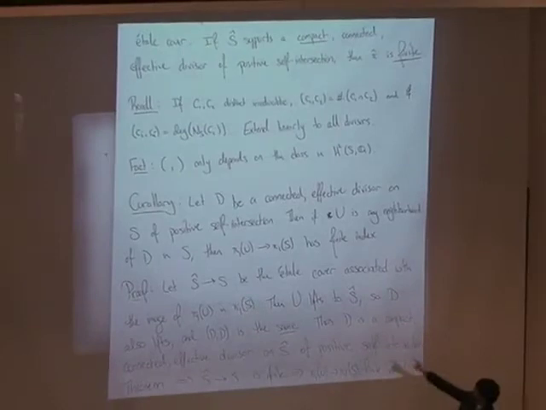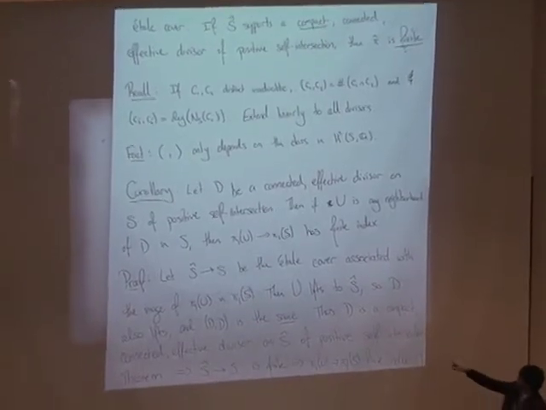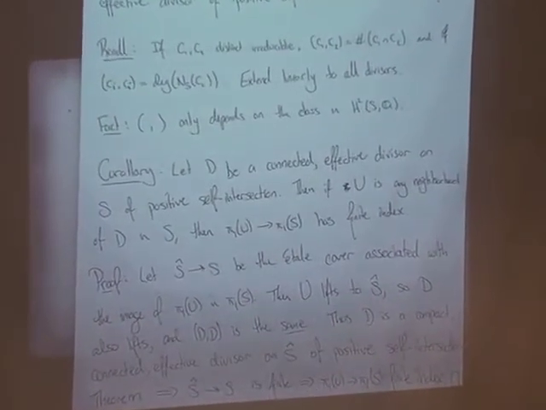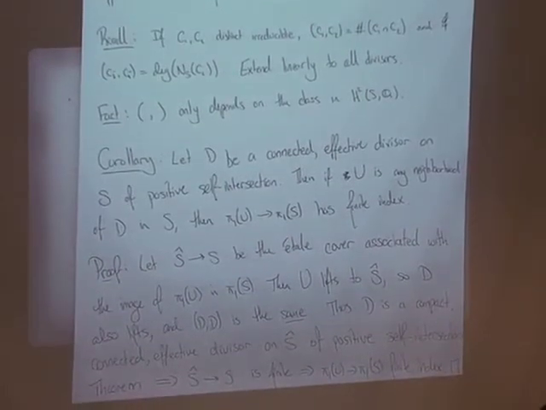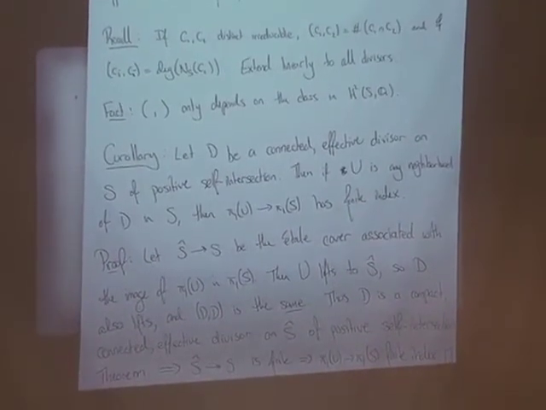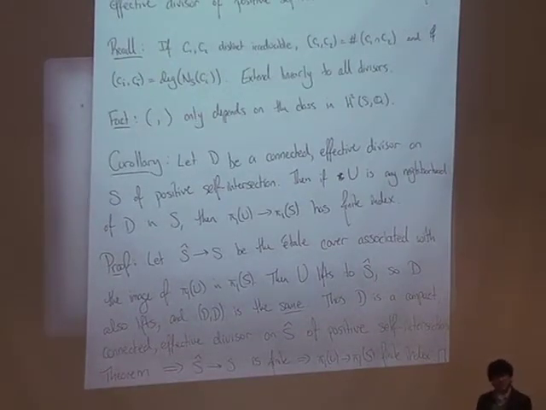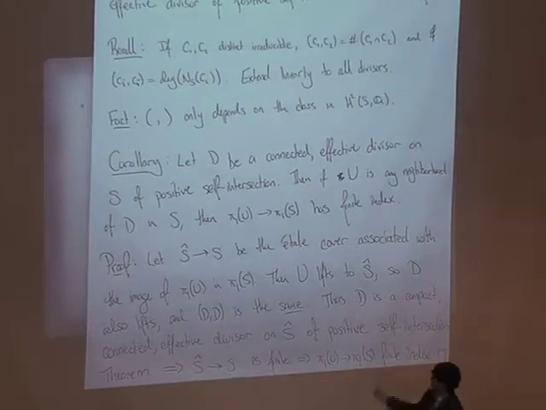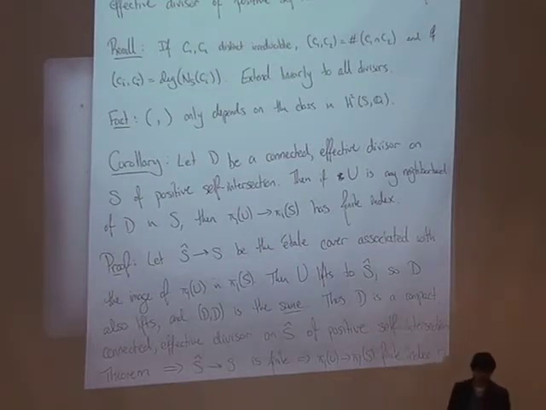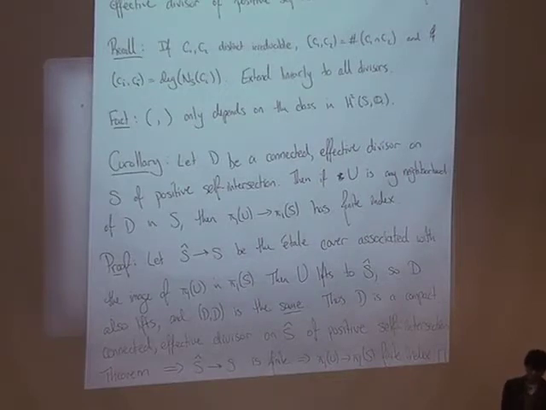So you take the cover associated with this image, and then by basic graduate algebraic topology, you lift. D also lifts because it's contained in that neighborhood, and you keep the intersection the same, so it's positive. So you get a compact connected effective divisor of positive self-intersection, therefore by the theorem it's finite. Okay? So the goal is we're going to use these subalgebras to build a collection of Shimura curves such that that divisor has positive self-intersection. That's going to be the game.